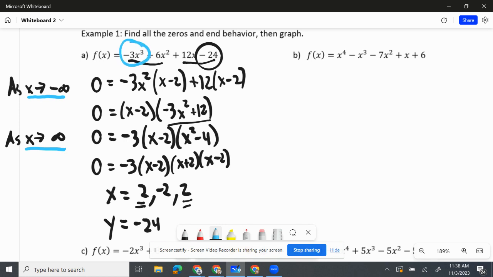We're going to take our leading coefficient and plug in a negative infinity. When we plug in a negative infinity, I'm just going to treat it as a negative to the third power. I don't care about the actual value, I just care about the direction. So 3 negatives means a negative times a negative is a positive. So that means that y approaches positive infinity.